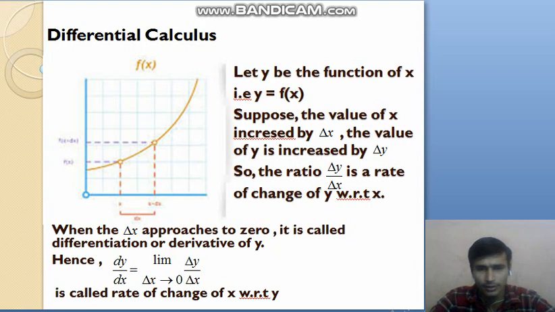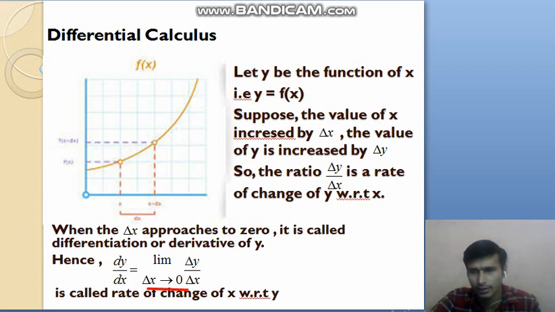So when we consider delta x approaching 0, that is, if we consider delta x very small, approaching 0, that is the limit delta x tends to 0. What it means is that the value of delta x is very small, nearest to 0 but not 0, and that is called the limit.